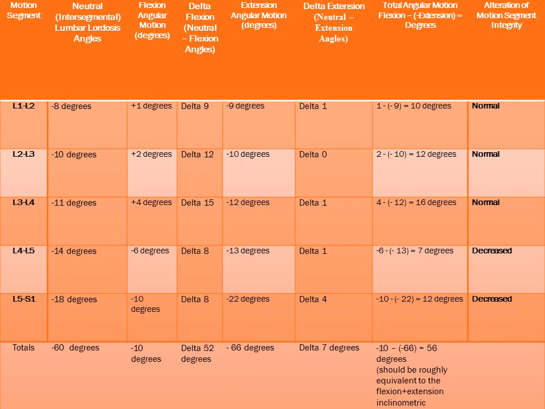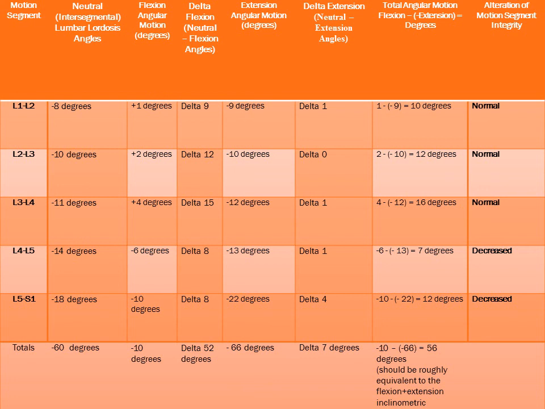Now, before I go on, even though I considered the angular motion of L1, L2 to be normal at 10 degrees, if you look at our analysis across the top of this table, remember that in moving from neutral at the neutral lumbar lordosis angle to the full extension angle, there was only a movement of 1 degree going from neutral to full extension.